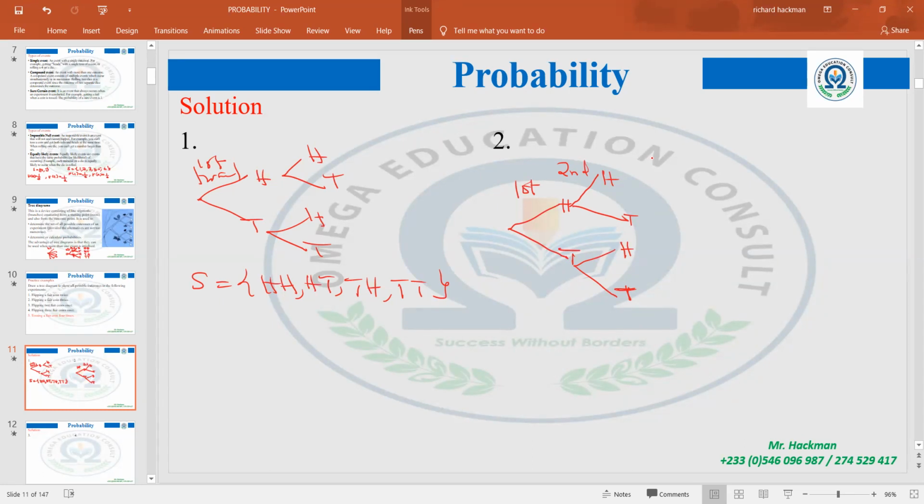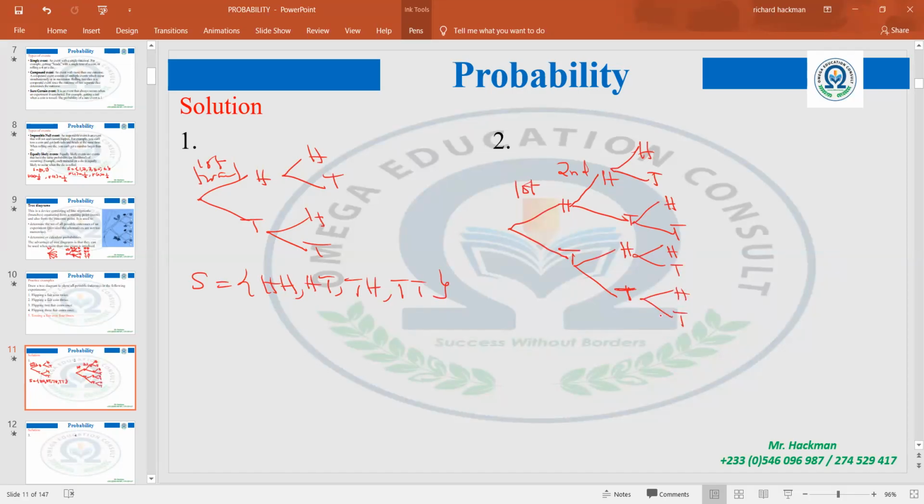Anytime you flip, that is your trial, and you have 2 outcomes, head or tail. So if my second trial gave me a head and I'm going for the third trial, I can still get a head or a tail. Do you agree now? So for each of the outcome points, you are going to have 2 branches: head, tail, head, tail.